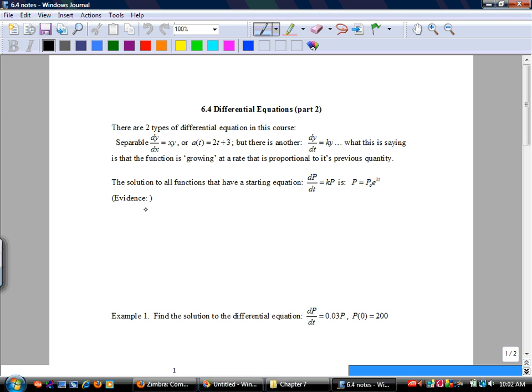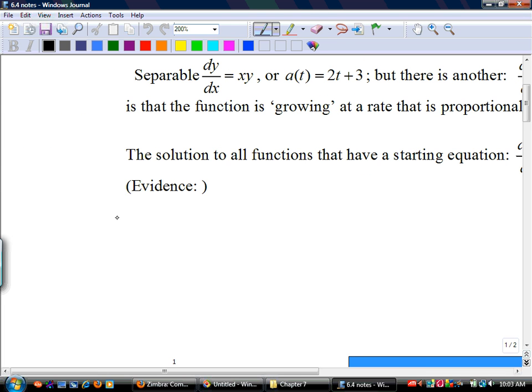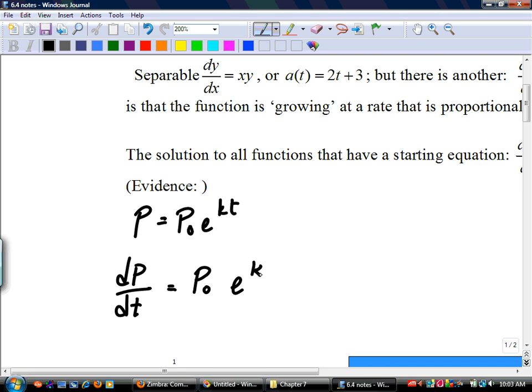So the derivative of the left-hand side, you could call it P prime or dP/dt. So dP/dt equals, okay, the derivative of poke it is, copy the constant down, and then what's the derivative of e to the kt, times the derivative of kt.